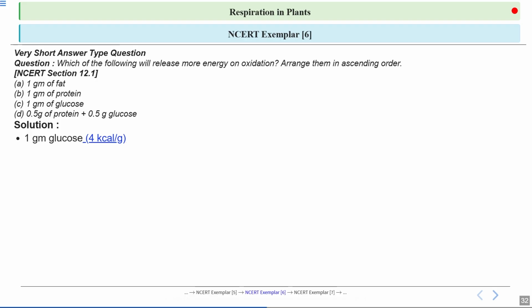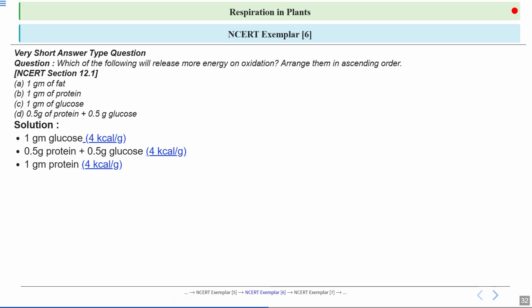So 1 gram of glucose releases about 4 kilocalories of energy when oxidized. If we talk about a mixture of 0.5 grams of protein and 0.5 grams of glucose, this also releases about 4 kilocalories per gram. So this shows that combining these two doesn't necessarily increase the energy per gram.